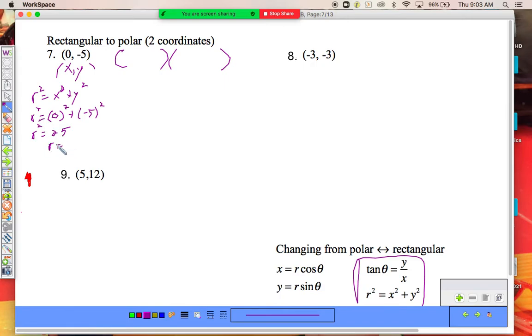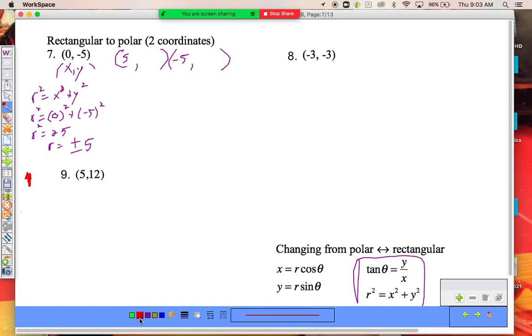Remember, we're trying to find 2 of each. R squared equals x squared plus y squared, so r squared equals 0 squared plus a -5 squared. My math shouldn't be too much to think about. Because it's r squared, I'm going to get a plus and -5 for my r values.